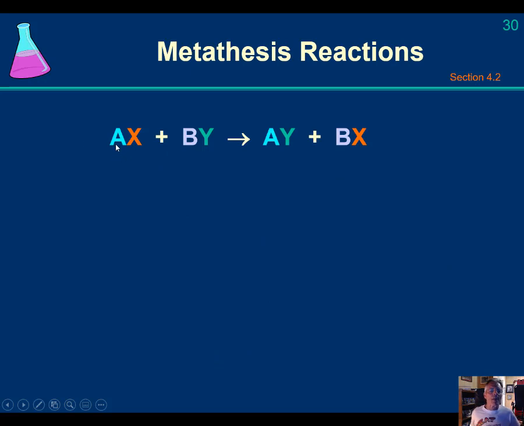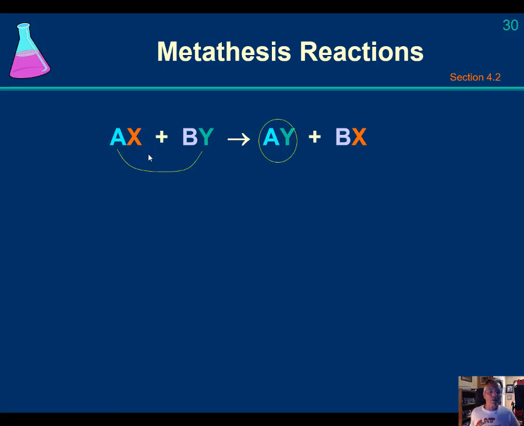So here we have compound AX and compound BY, and they go to the party. And so this pair and this pair are going to change partners. So here's what's going to happen.